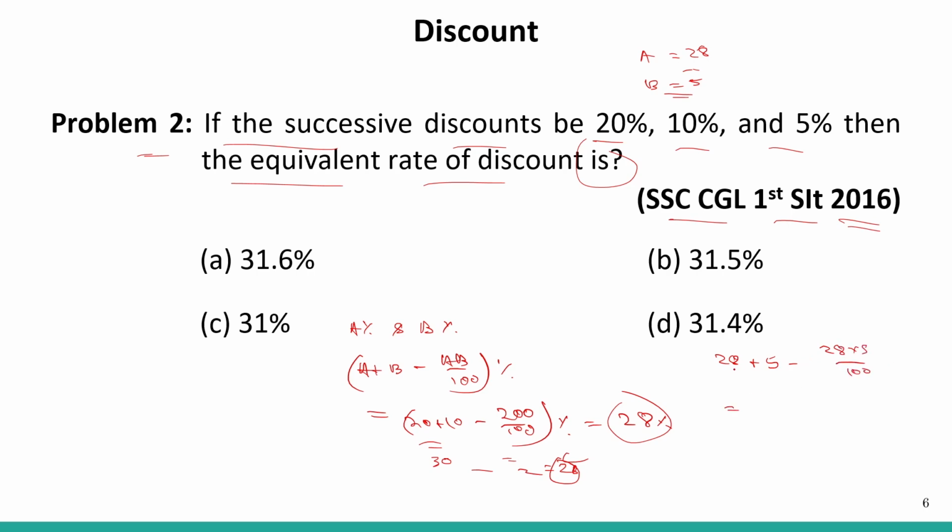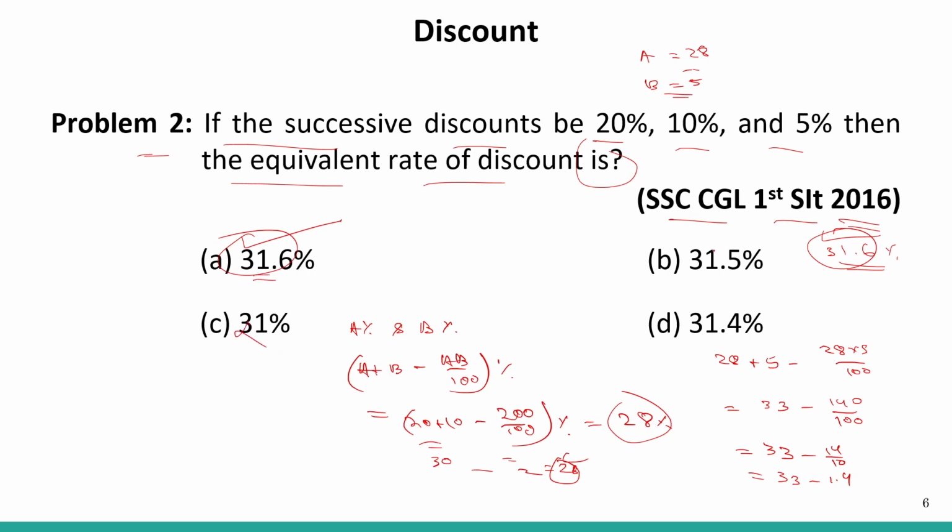This will be 33 minus 28 into 5, which is 140, by 100. So this will be 33 minus 14 by 10, which is 33 minus 1.4. This will be equal to 31.6, right? So 31.6% will be the correct answer. Option A that you can see right here is the correct one, that is 31.6.